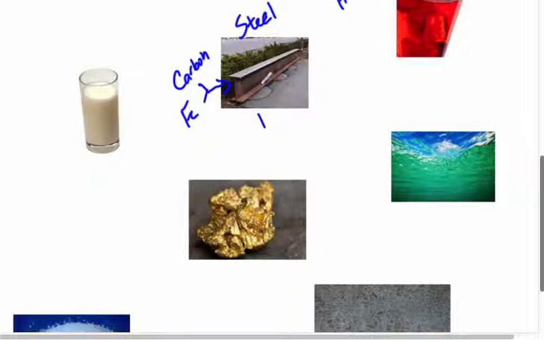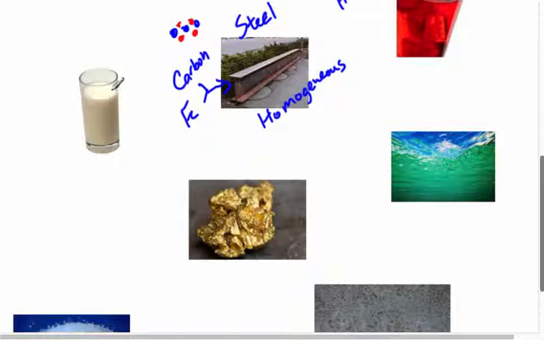I know there's rusting on this, but if you just look at a fresh piece of steel, it looks the same throughout. This is a homogeneous mixture. It's not a compound. They don't combine the iron and carbon to make iron carbon or anything like that. It's just carbon atoms, like here, mixed with iron atoms. They're just mixed together. And they're evenly mixed, so it's homogeneous.